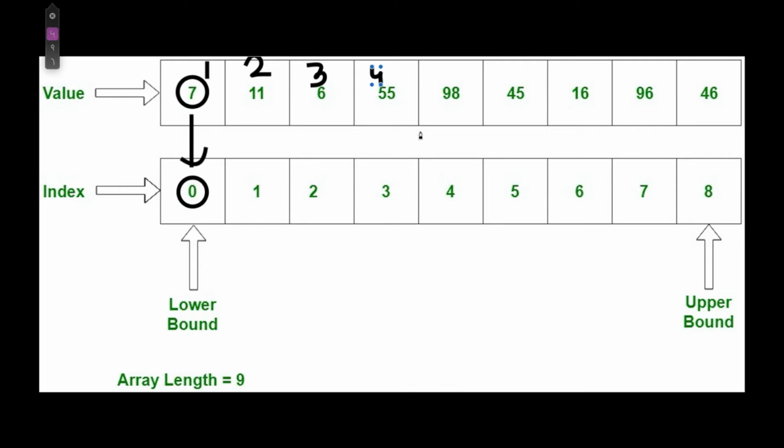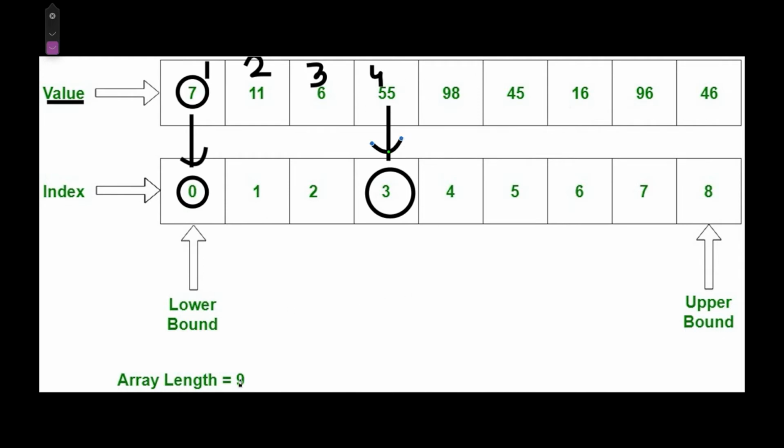As I have already specified that the index starts from 0, the index of that element will always be n minus 1, where n is the position of the element in that array. So the index of the fourth element will always be 3. If I want to access 55 from our array, I will have to use the index 3 with that array to access my fourth value.